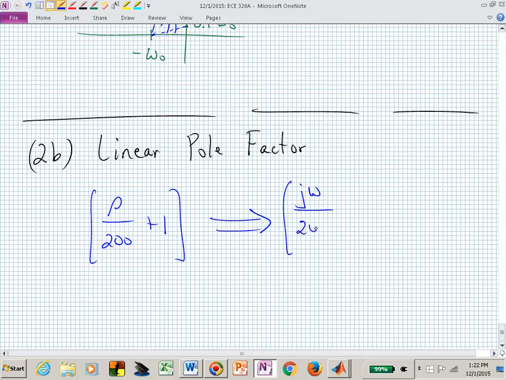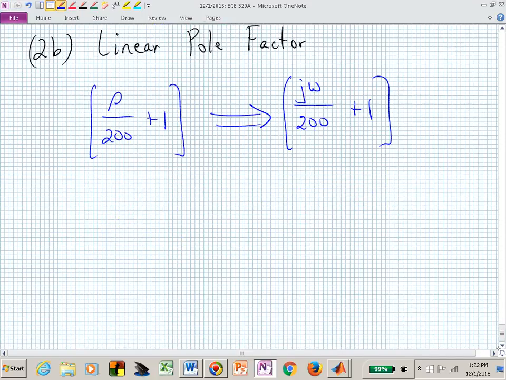But this is now what we are trying to sketch. J omega over 200 plus 1. Now, once you've factored that, you should be able to sketch it immediately. All you have to do is draw this axis, label it.